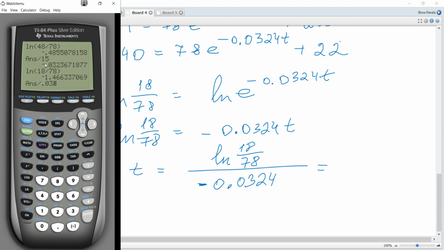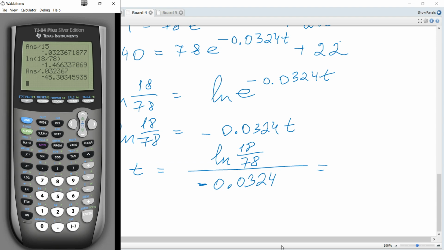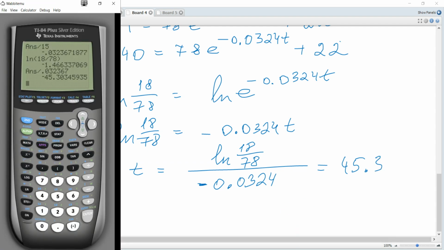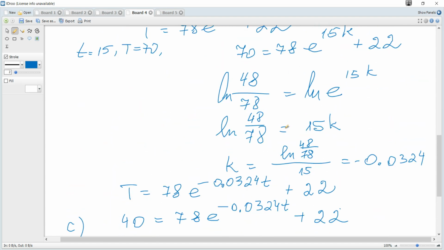Maybe it may be better to take the exact 0.03236, and it's negative because I divide without this minus, but it's clear that eventually it's positive, so it's 45.3 to 3 significant figures.